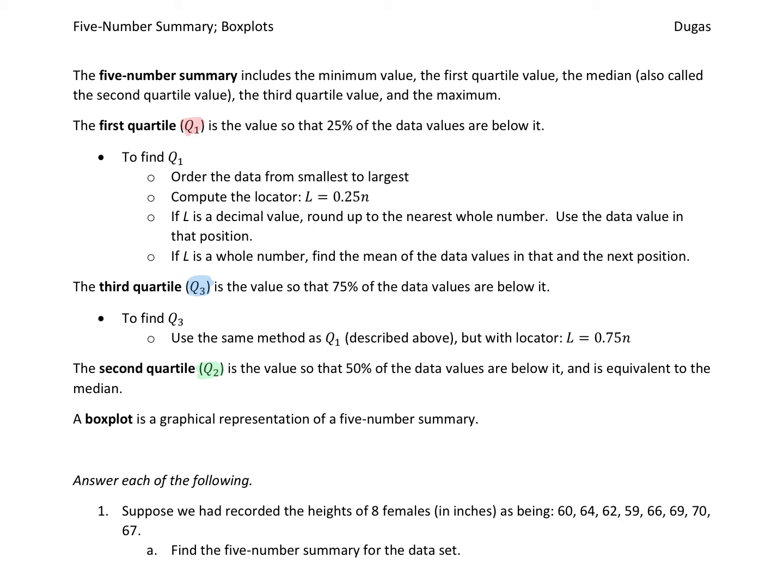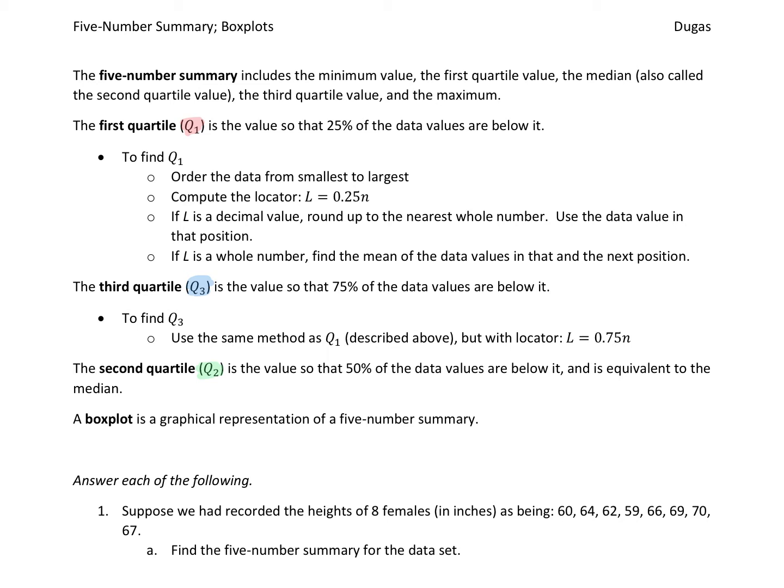So if you remember from your mean, median, and mode section, your median was the middle value. So if it's in the middle, that means 50% of the values are below it and 50% of the values are above it. So that's always your Q2. And then what's happening is you use your median to split your set up into 2 groups, and you're finding the middle of each of those groups.